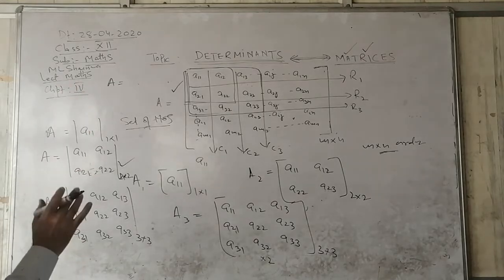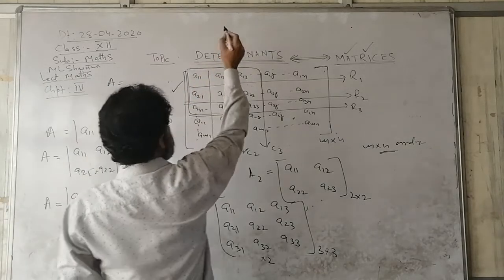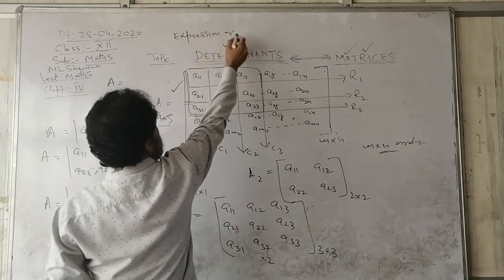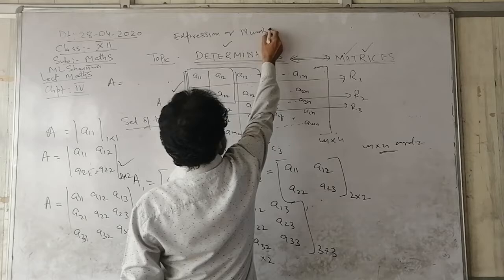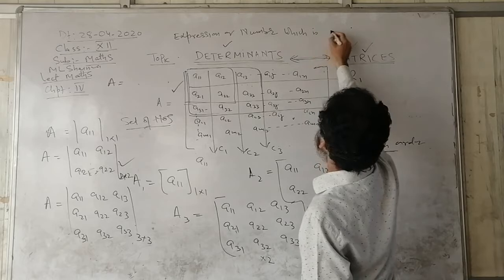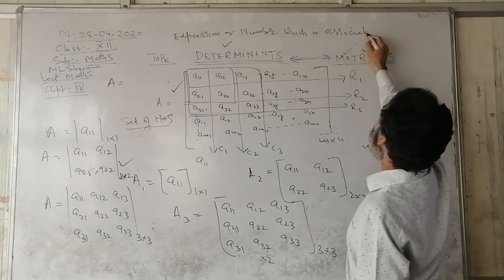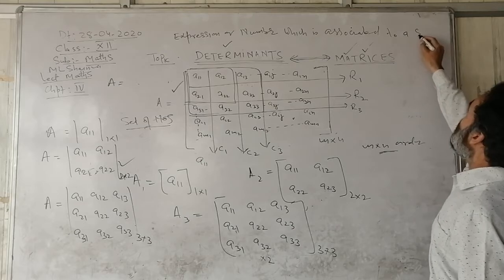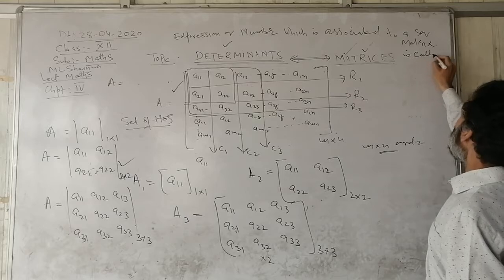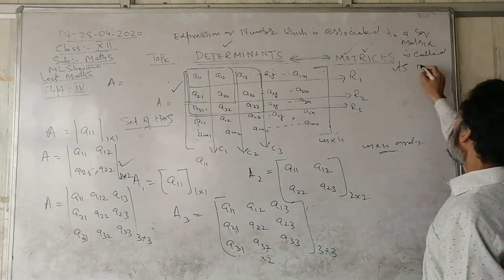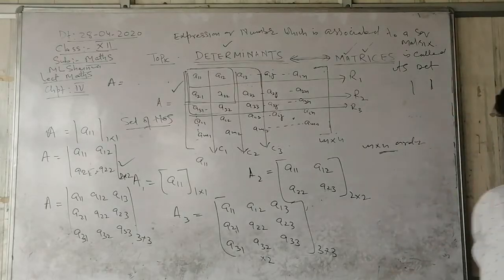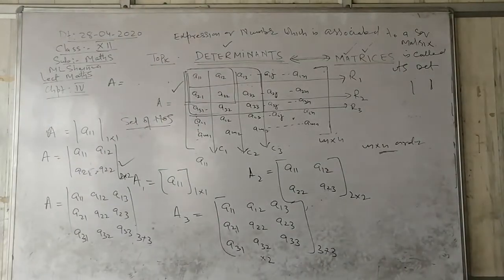The definition of determinant says the expression or number which is associated to a square matrix is called its determinant. And for determinants, we use this type of symbol to represent a determinant.